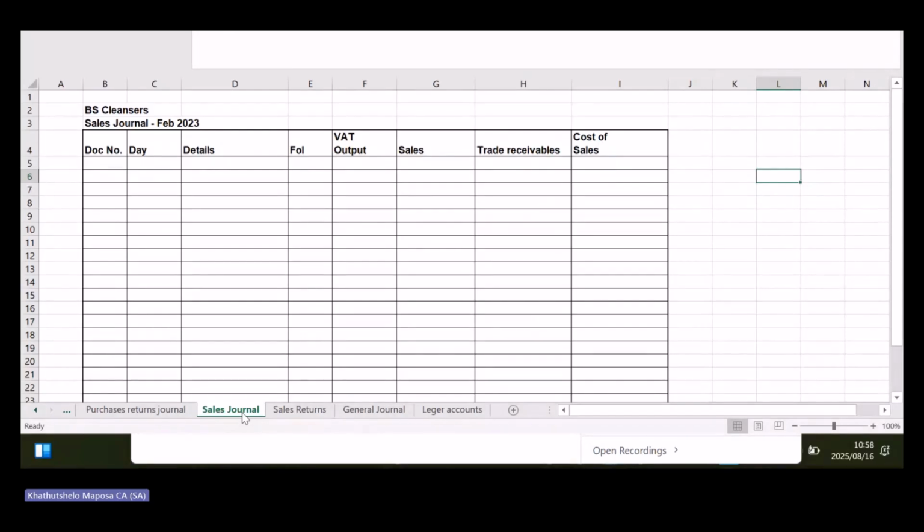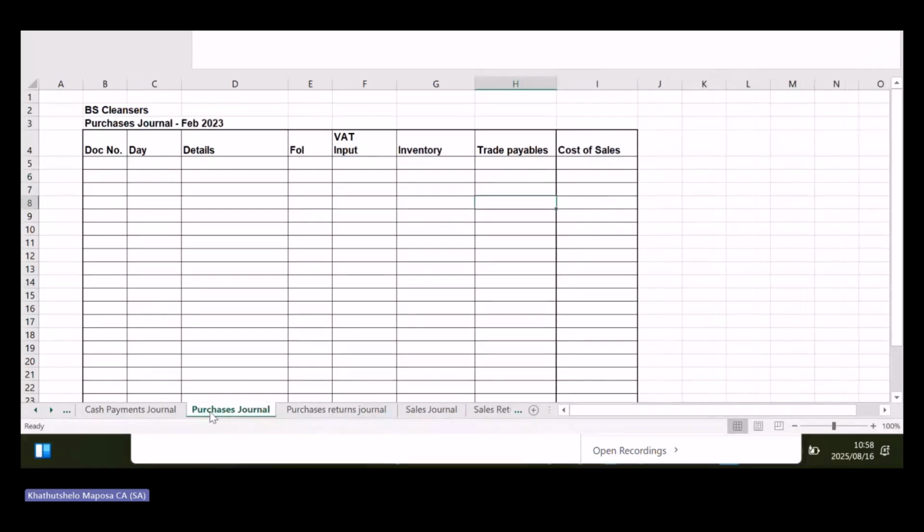The very same goes for the purchases journal, slightly different on the perpetual and periodic inventory systems, of which you should take note.